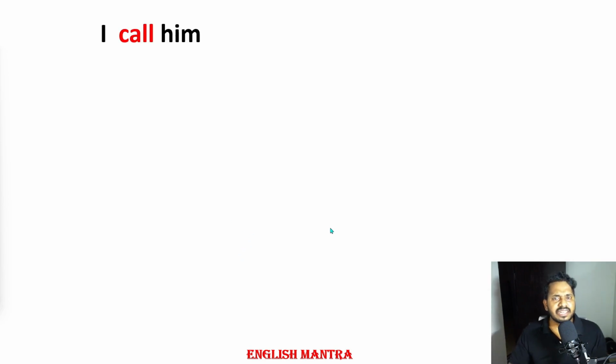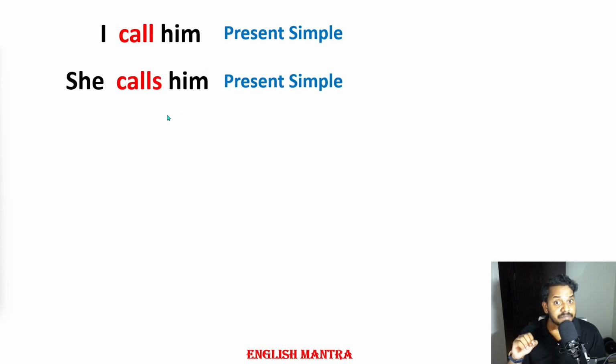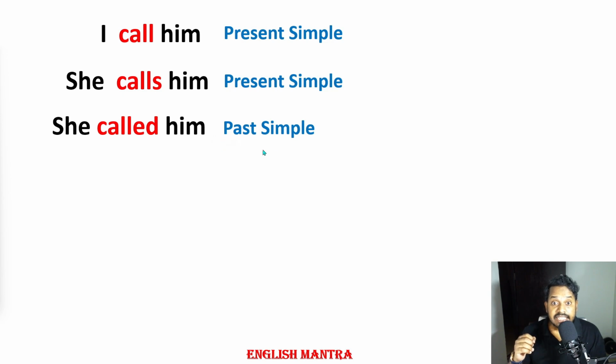See, but before that, let's see why should we use these be forms. See, I call him. This sentence is in simple present. She calls him. This sentence is also in simple present. If I inflect this verb, it becomes she called him. Now this sentence is in simple past. How did you identify? Just by seeing the verb.